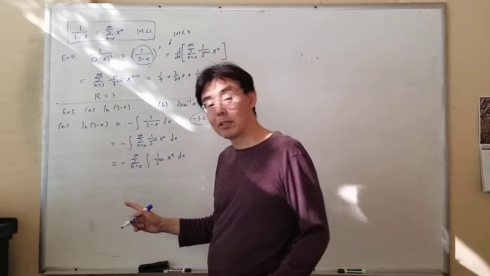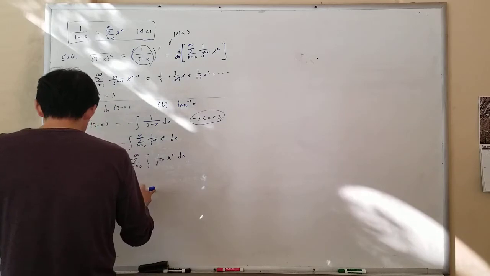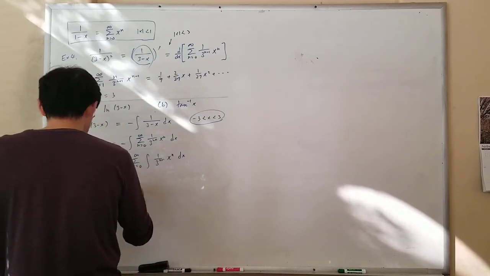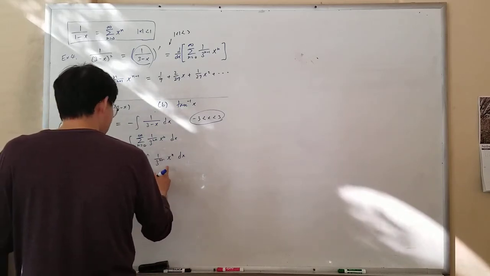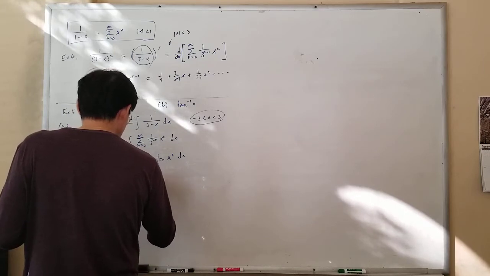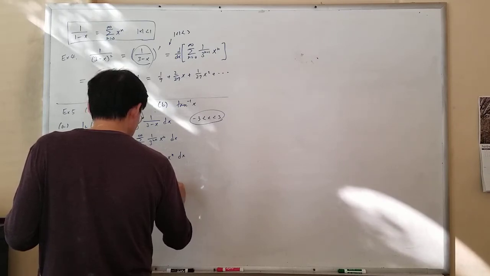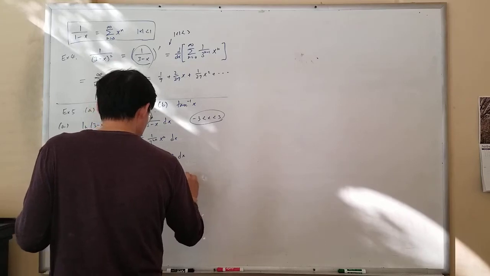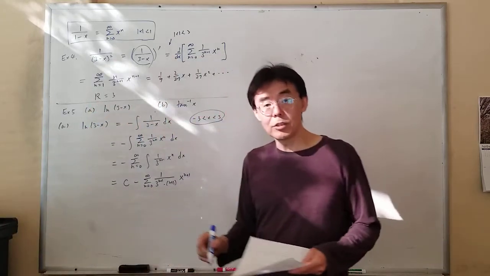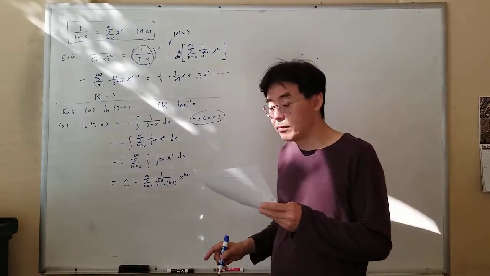We integrate this separately and add them up. That is some constant minus 1 over... The antiderivative of x to the n is 1 over n plus 1 times x to the n plus 1.